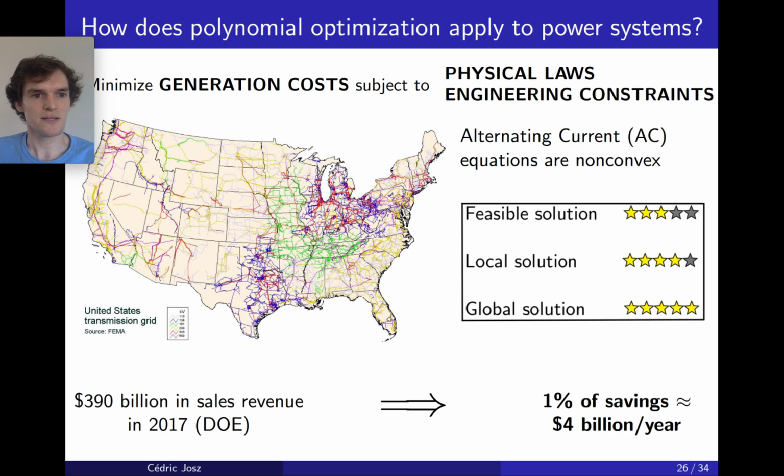And then ideally, you would want to find a global solution that satisfies all the constraints. And to give you an idea of the discrepancy between local and global, just bear in mind that this is a huge industry. In 2017, according to the Department of Energy, United States, you have $390 billion in sales revenue. And if you can imagine just making 1% of savings, that's already $4 billion a year. So it's consequential.